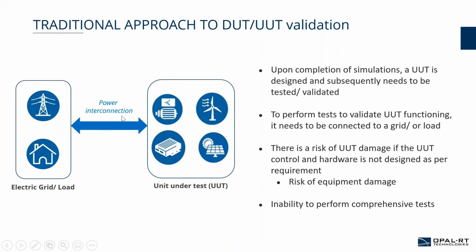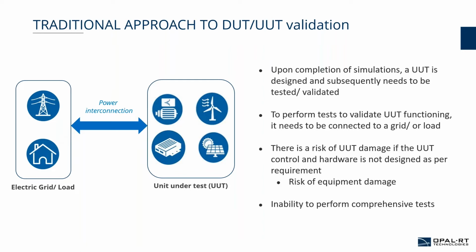Furthermore, with such a system of testing, perhaps in your control algorithm that you have developed for your PV inverter, which you want to develop in hardware, you have schemes that would be initiated if there are grid unbalances. Now, when you are connected to a real grid, an unbalance being present is not something that you can control because it could happen, but you do not control when an unbalance happens.